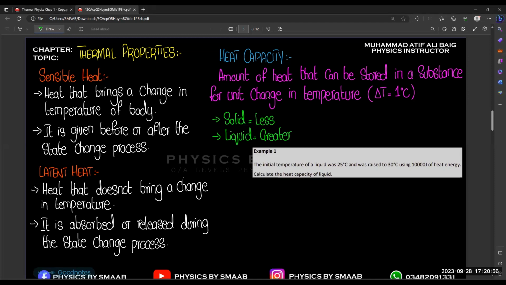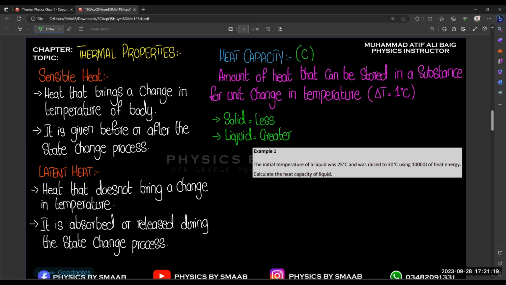And let's suppose we consider the symbols: for temperature, you know that we use T. So T represents the temperature, and the heat capacity can be represented by the symbol C, right? So C is the symbol for heat capacity. Okay.